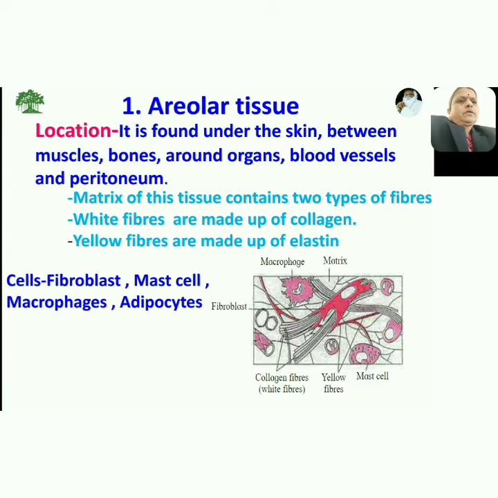Also, in the matrix, there are different kinds of cells. Matrix contains cells. See here, fibroblasts secrete fibers, mast cells secrete heparin and histamine, macrophages are big eaters, phagocytic in function, adipocytes, that is fat cells, store fat.